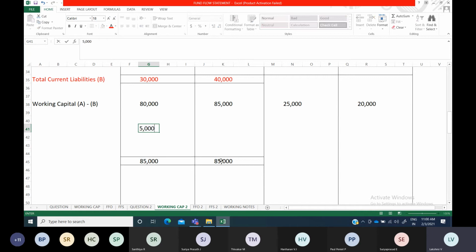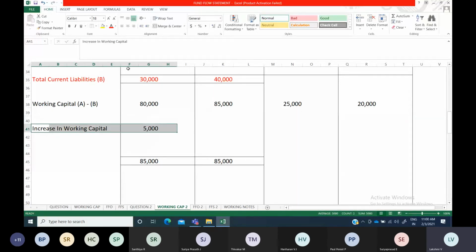This amount is known as increase in working capital. Okay. So like this you have to find. If you want, you can highlight and show it since it is the answer. So this will be your increase in working capital.